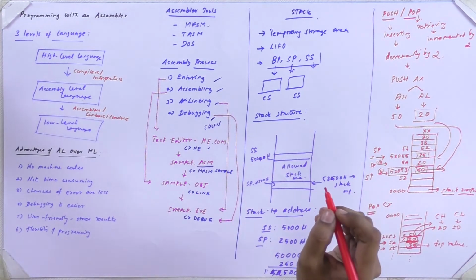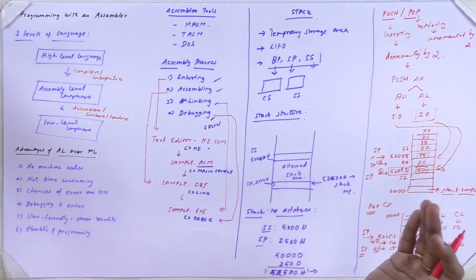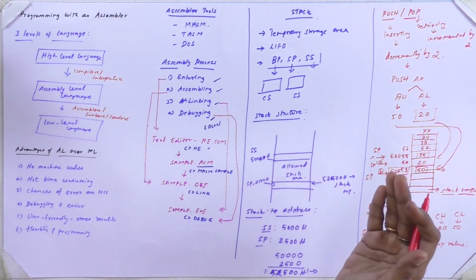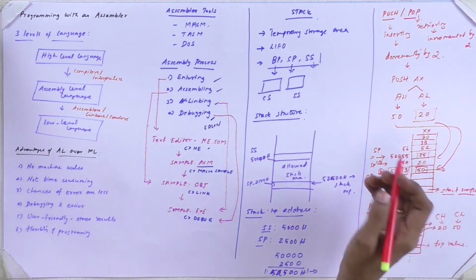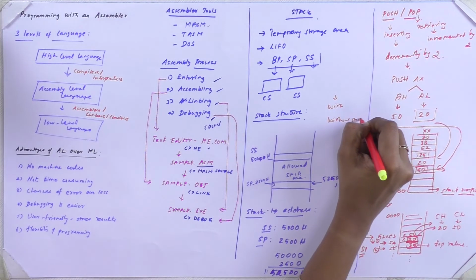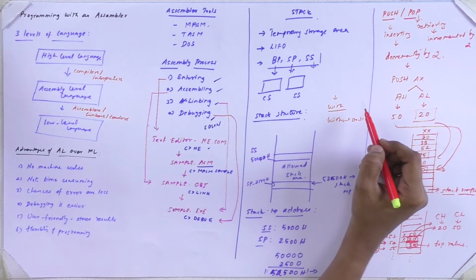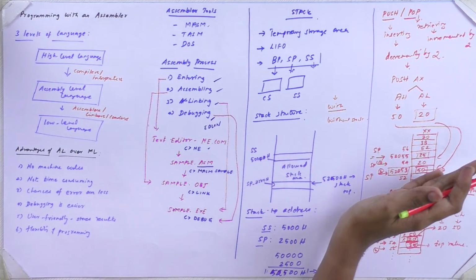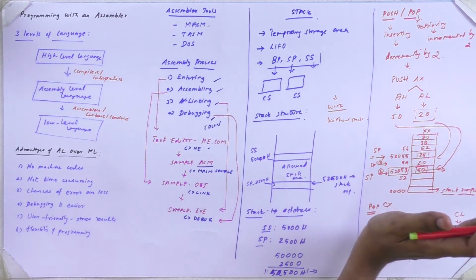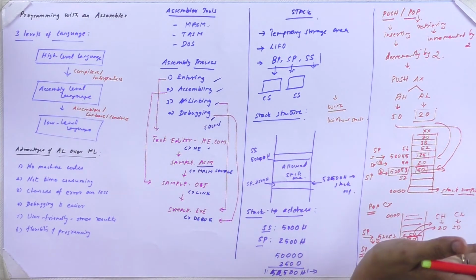You can identify the usage of the stack with two cases, that is with stack and without stack. With the stack, whenever your processor executes a program with the help of the stack, all the register content values will be stored in case of any interrupt call.